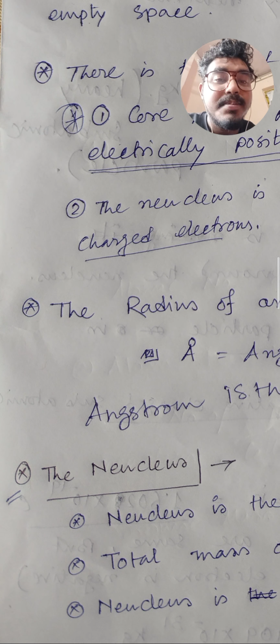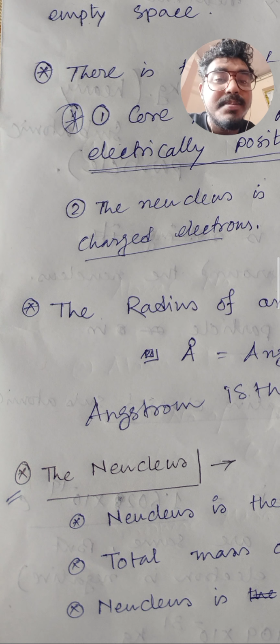Because the total mass of an atom is equal to the mass of the nucleus. If we take one atom and measure its mass, we see that the total mass of the atom is equal to the total mass of the nucleus of that atom.